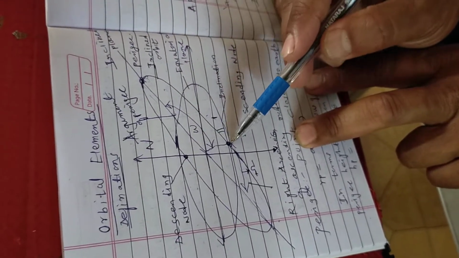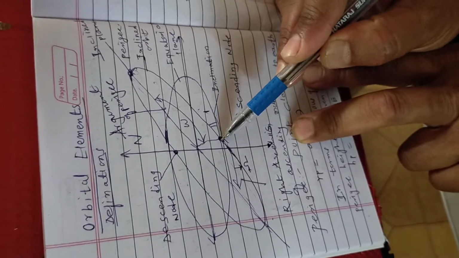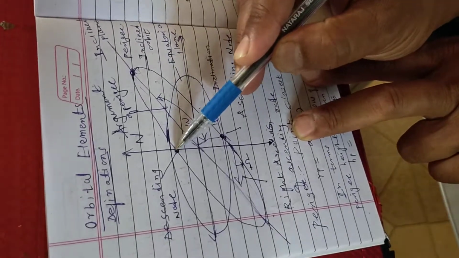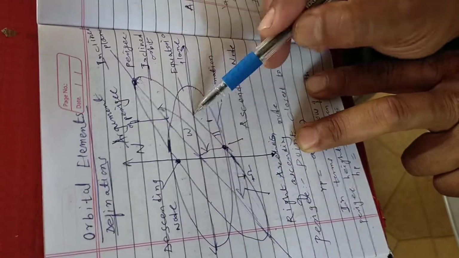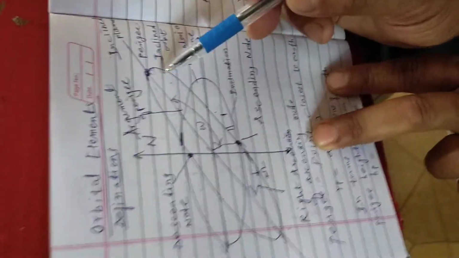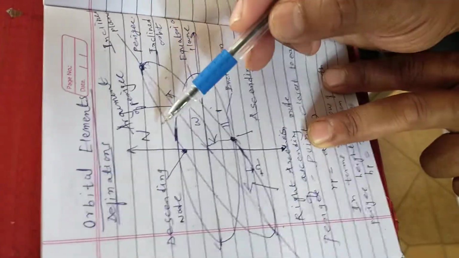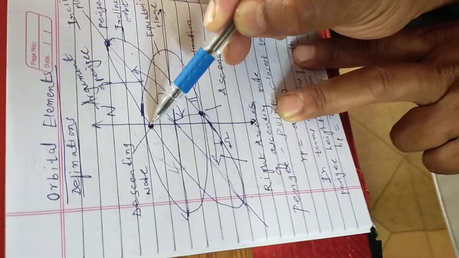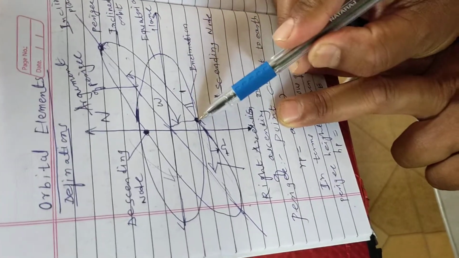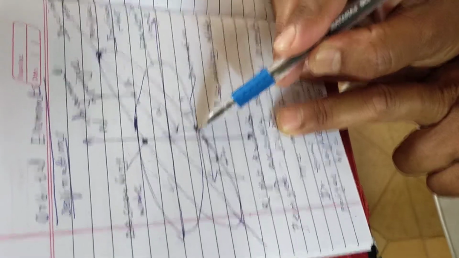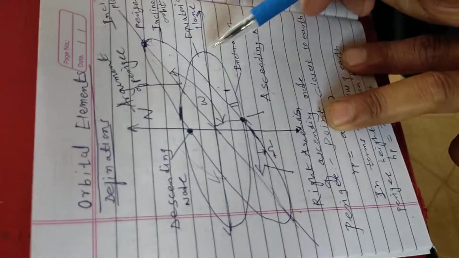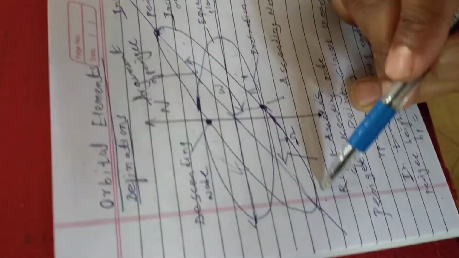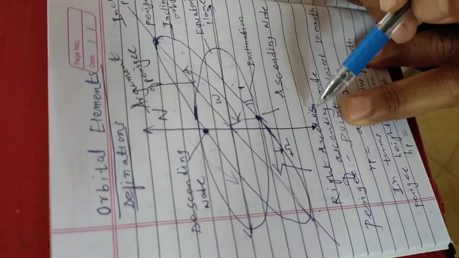Then what is the descending node? It is the cross section of the equatorial plane and inclined plane when the satellite is moving from north to south. This point is called the descending node, and this is called the ascending node. That is the cross section points. The ascending node is the cross section of the equatorial plane and satellite orbit when the satellite is moving from south to north.